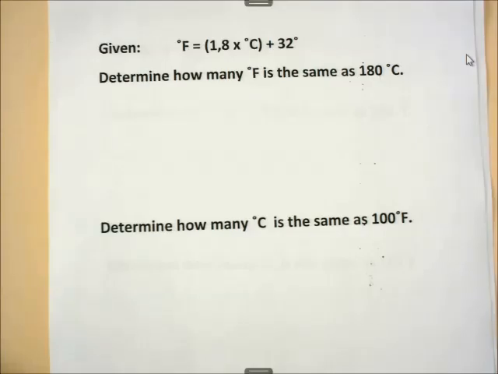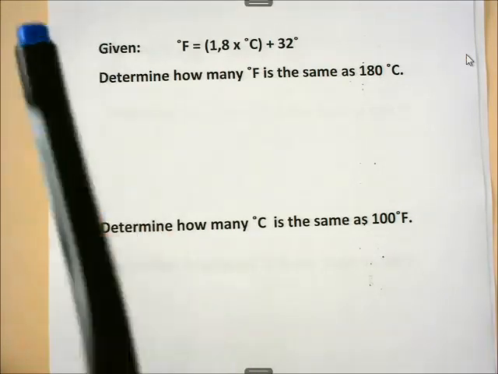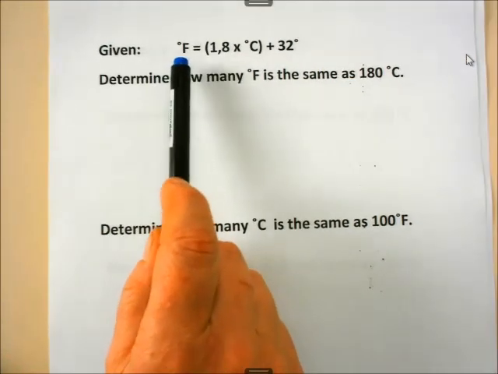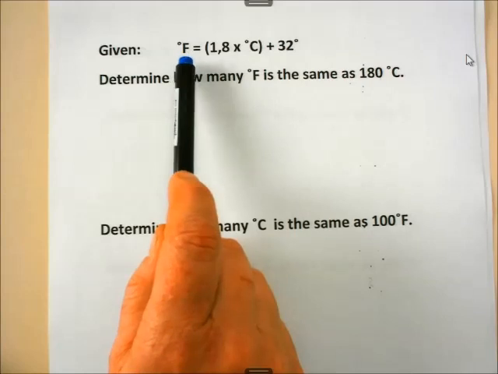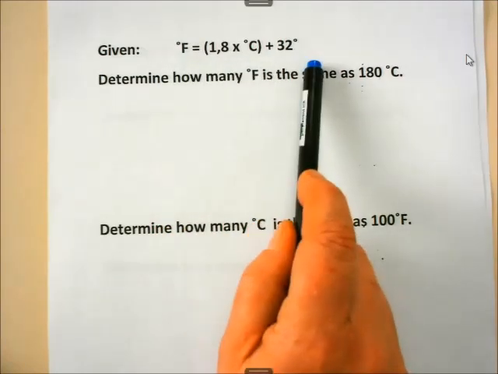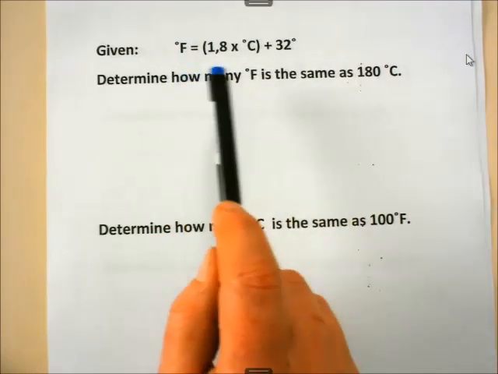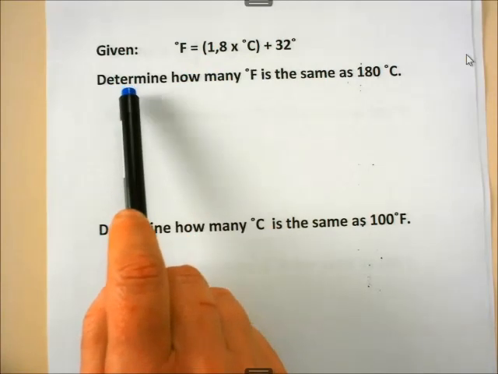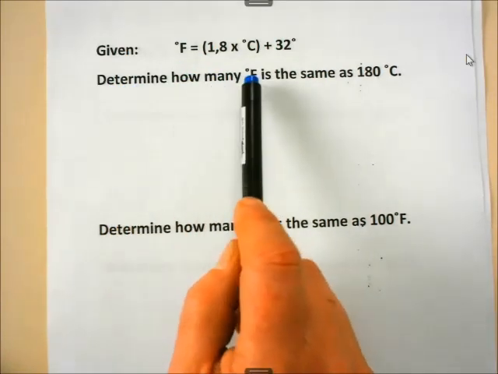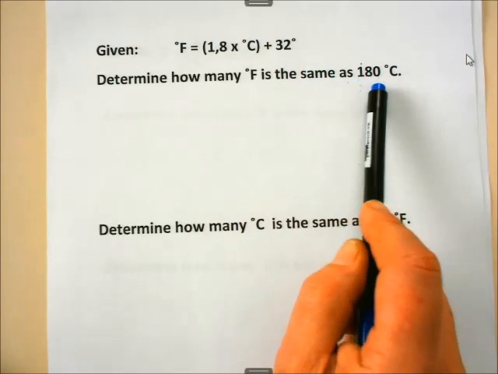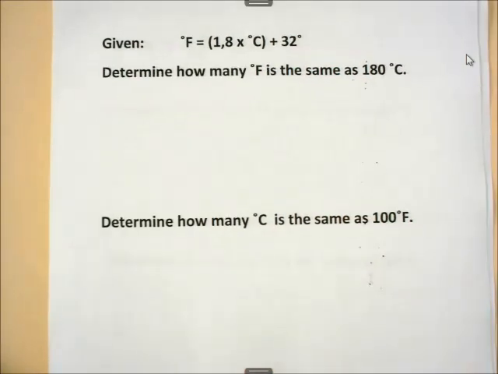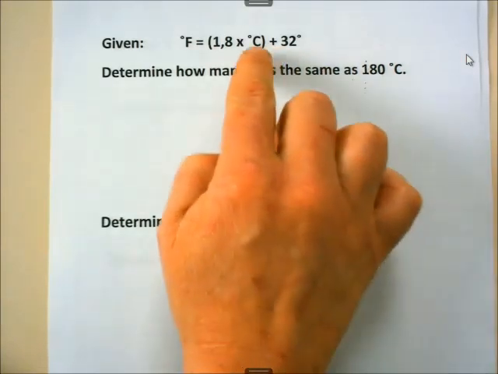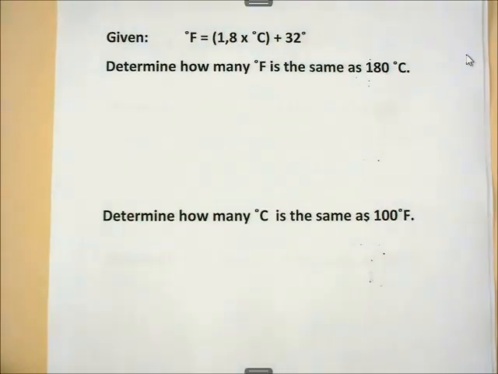degrees. Say for instance, it's given to you in the examination that degrees Fahrenheit, you can work it out using the following formula. Now, if in this case you are requested to work out how many degrees Fahrenheit is the same as 180 degrees Celsius, you are fine because you can simply substitute the 180 degrees into there and work out the amount of degrees Fahrenheit it will be equal to.